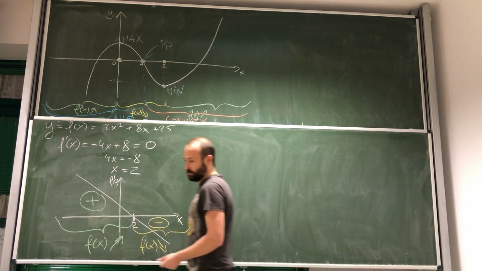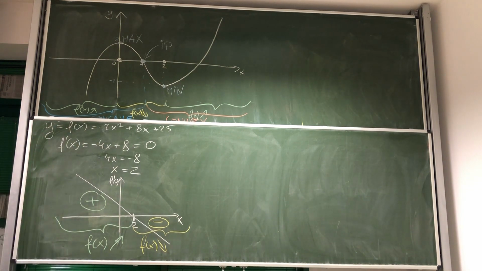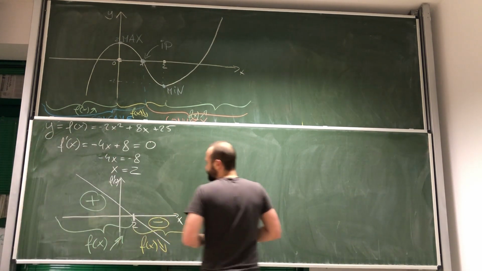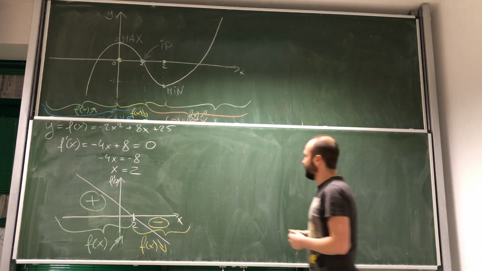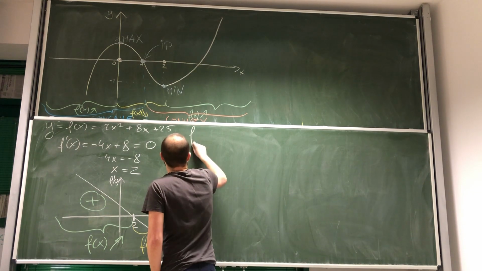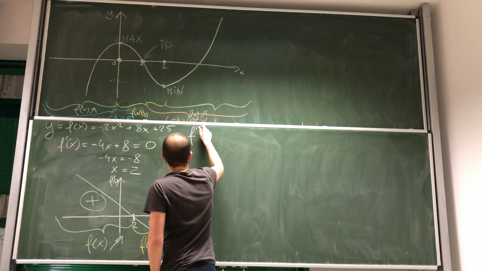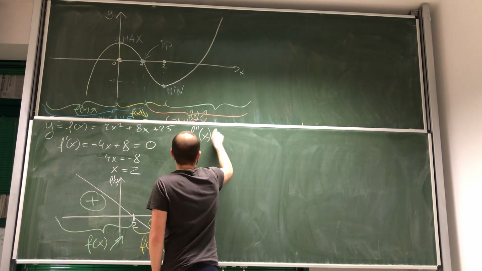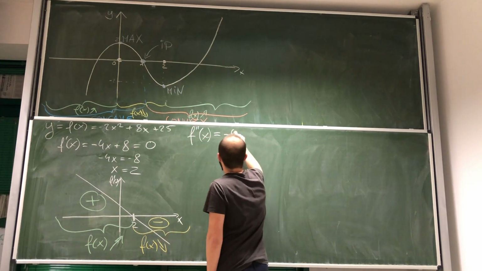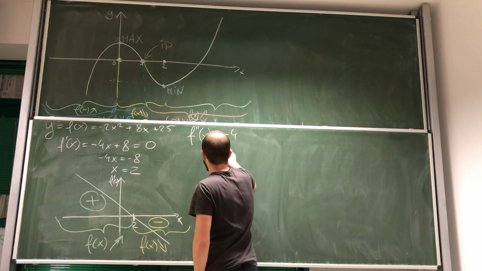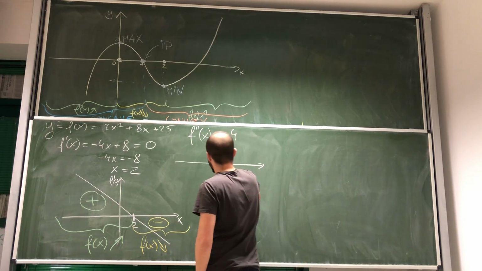Okay, so we already know a lot, but let's now go to the second derivative to find out even more. Okay, so we've got that the second derivative, which is a derivative of the first derivative, is just negative 4. So look here, the case is very simple.